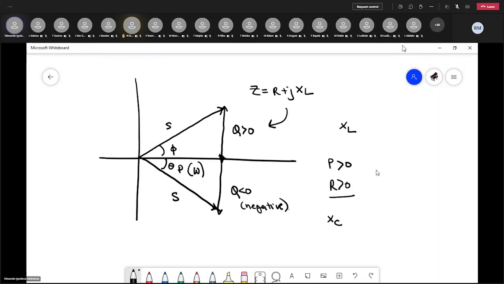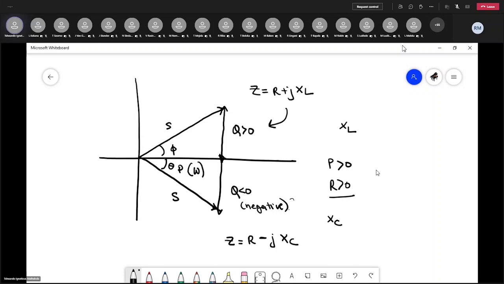So your Z would be R minus jXC. It doesn't matter whether you have an inductive load or a capacitive load, P is always positive because I can never have a negative resistance. Resistance is always a positive quantity.